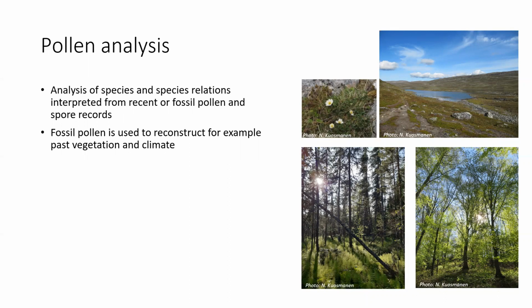We can make interpretations of what kind of environment has been at the study site during different times. If it's been more like open tundra-like vegetation, or maybe coniferous forest or broadleaf forest, this can be detected from the pollen data from pollen analysis.